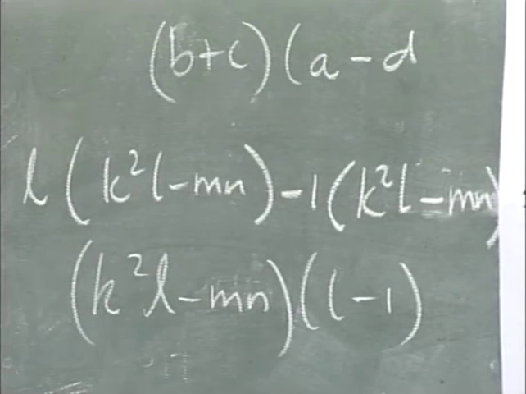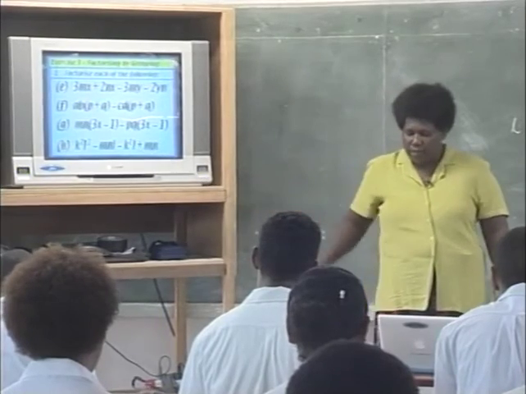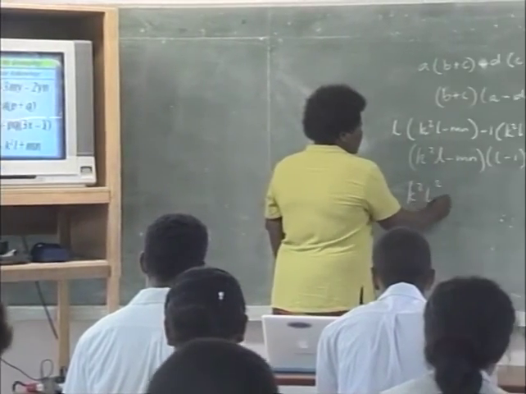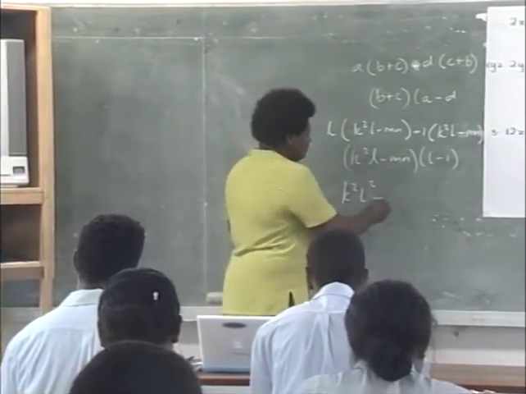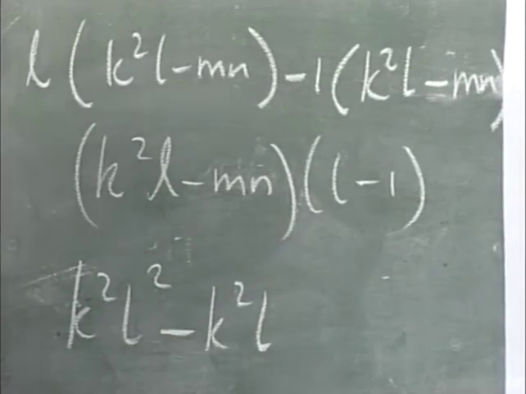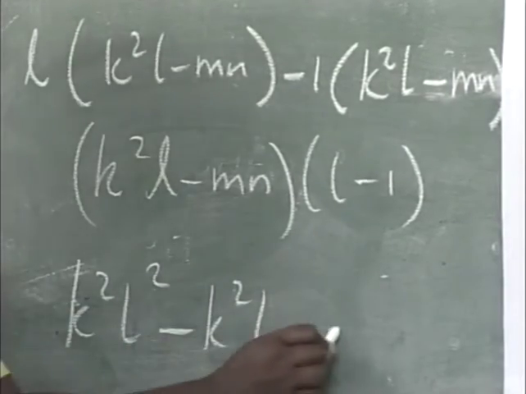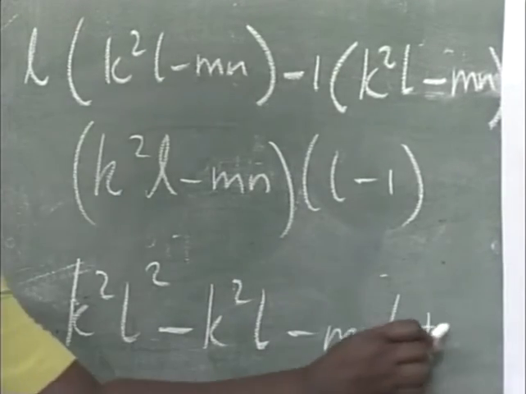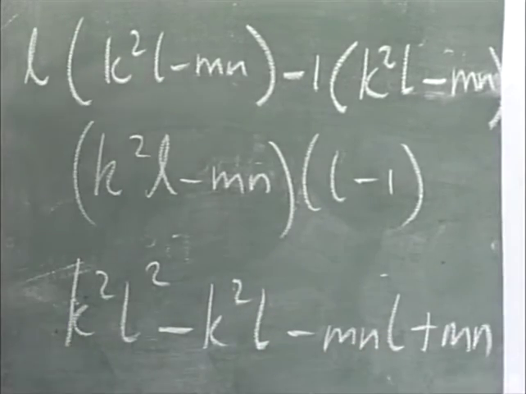Another way you would look at it is, since you see that there's a k squared L squared here and a k squared L here, you can group those two together. So k squared L squared minus k squared L, and then minus mnL plus mn. You can group them like that too.